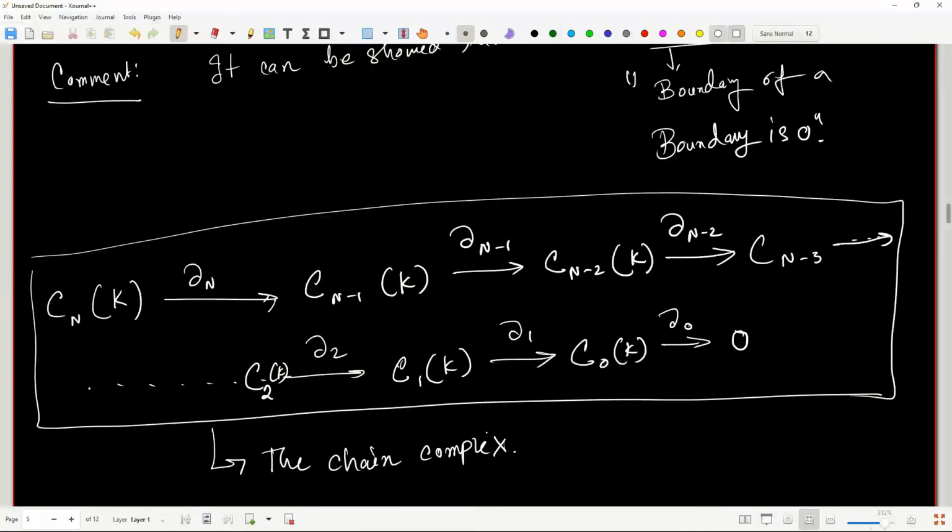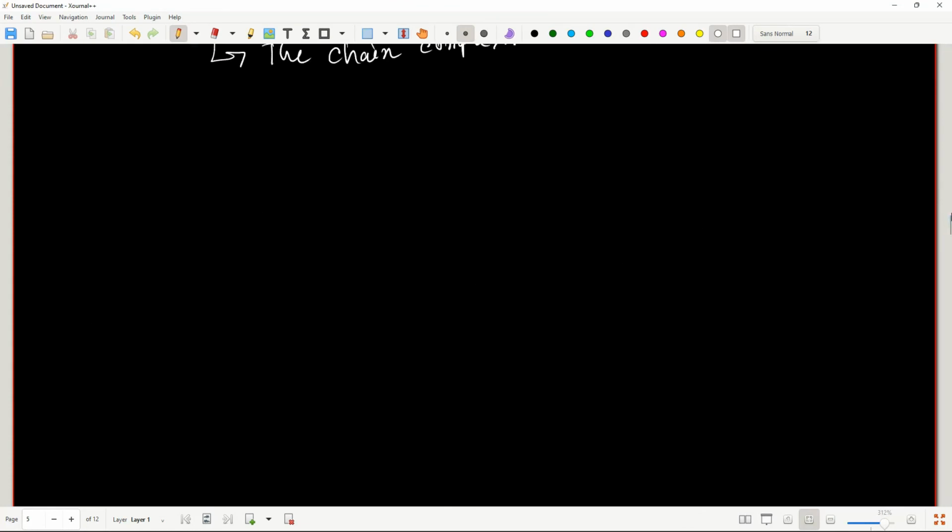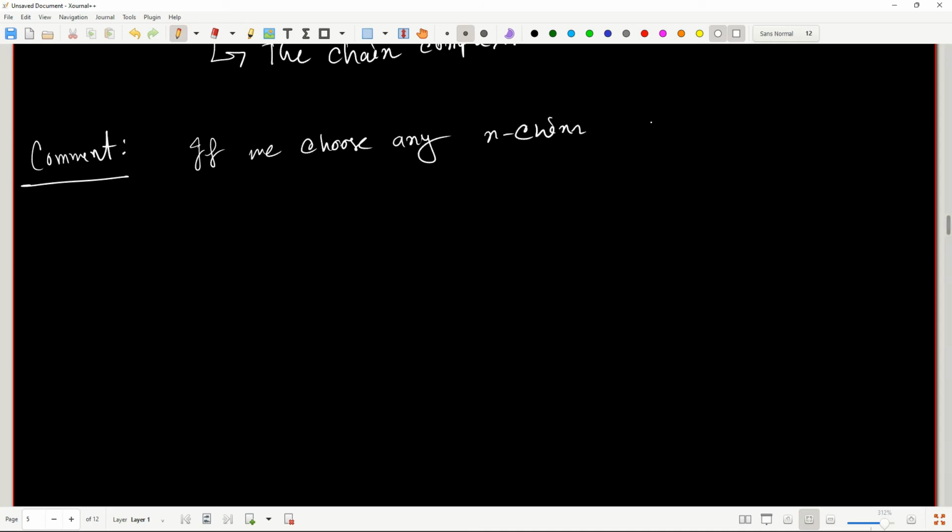So if you choose any n chain, and okay, let me write it down. So this is another comment. If we choose any n chain, that means the n chain is just an element of the chain groups.